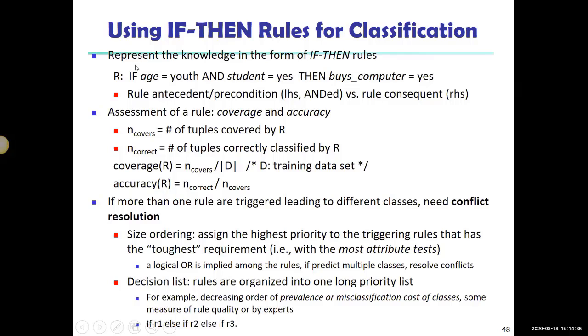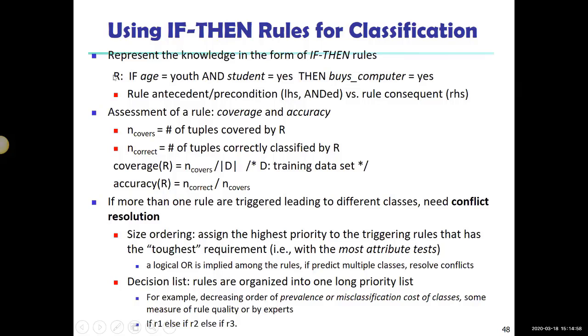So this rule always has an antecedent, also called precondition, and then the rule consequence. Whatever comes after then is the rule consequence. And all the conditions in the precondition part are conjuncted, so they are ANDed together.